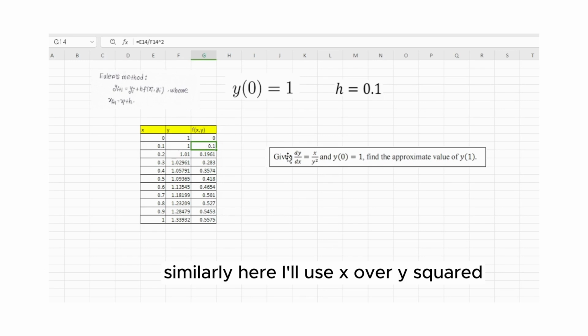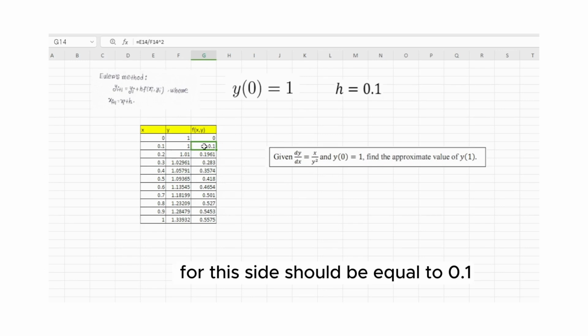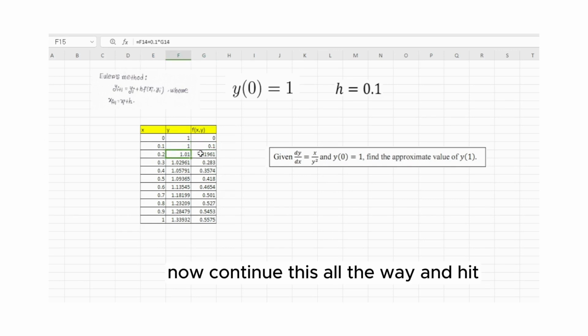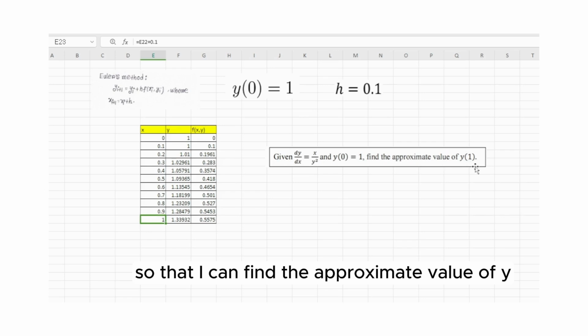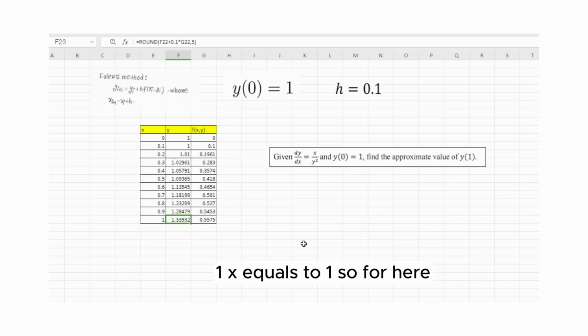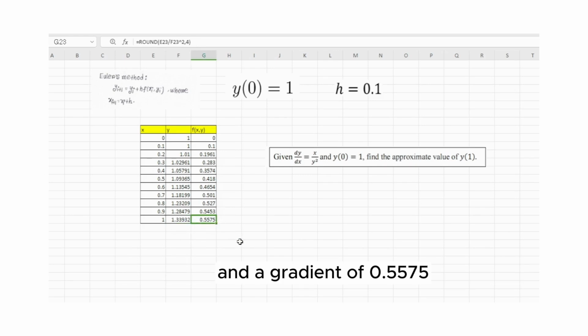Similarly here I'll use x over y squared for this cell, which will be equal to 0.1, and I'll continue this all the way until I hit x equals 1, so that I can find the approximate value of y when x equals 1. So here, rounding to 5 decimal places, I'll get 1.339, and the gradient was 0.575.